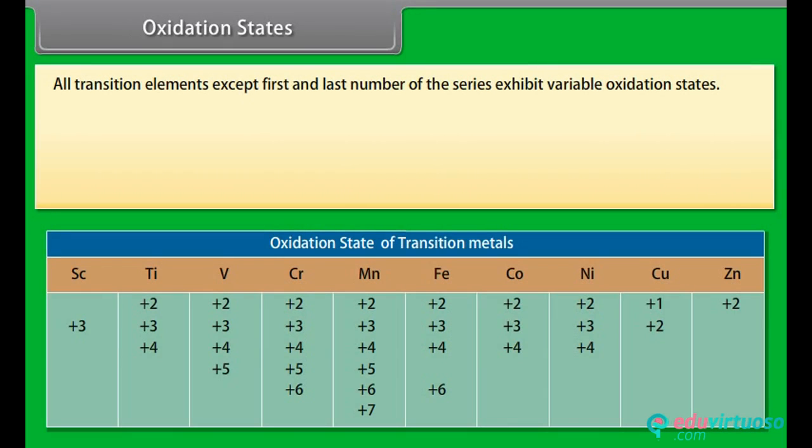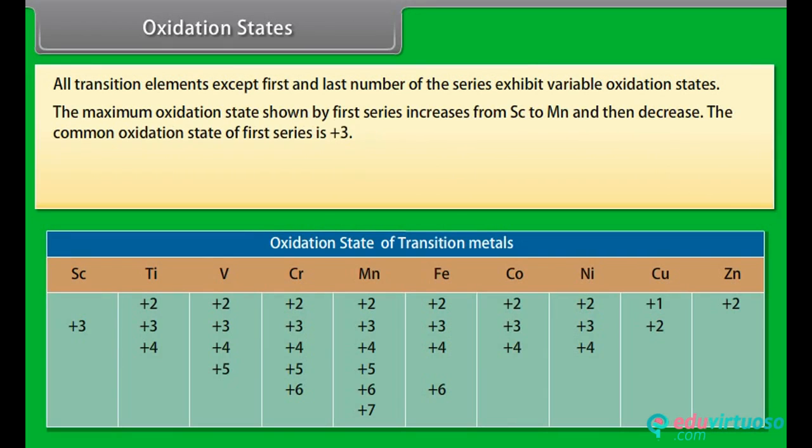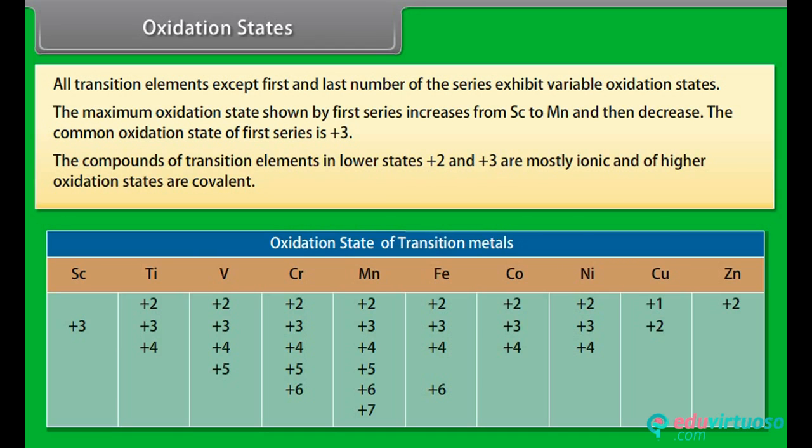All transition elements except the first and last members of the series exhibit variable oxidation states. The maximum oxidation state shown by the first series increases from scandium to manganese and then decreases. The common oxidation state of the first series is +3. The compounds of transition elements in lower states +2 and +3 are mostly ionic and of higher oxidation states are covalent.